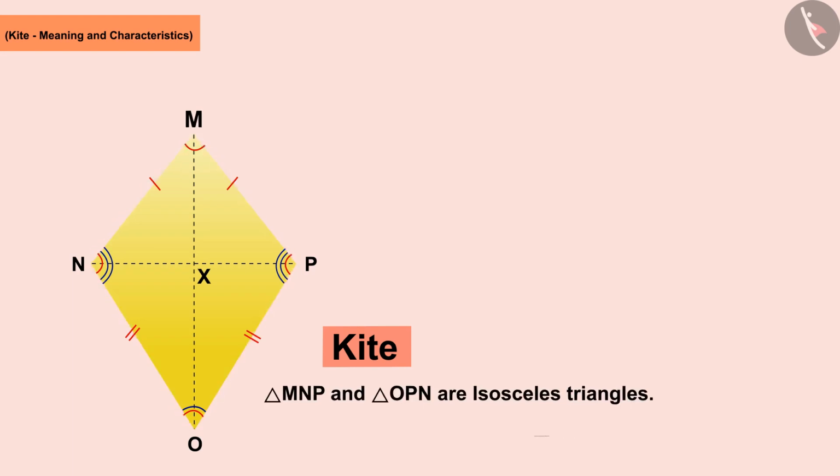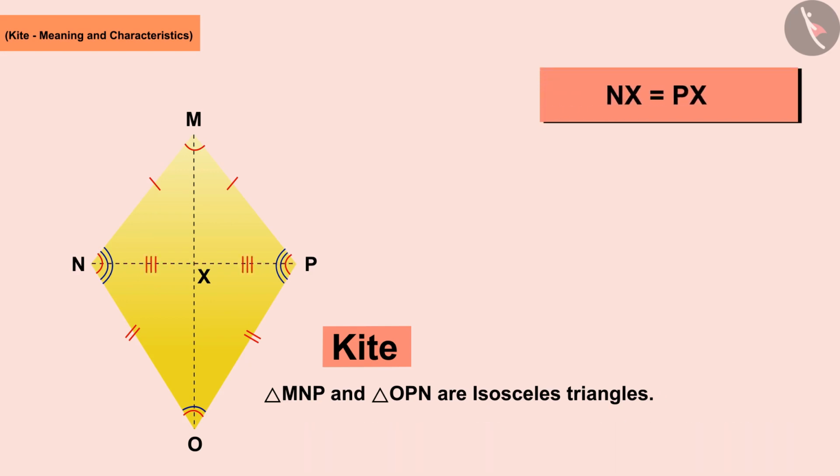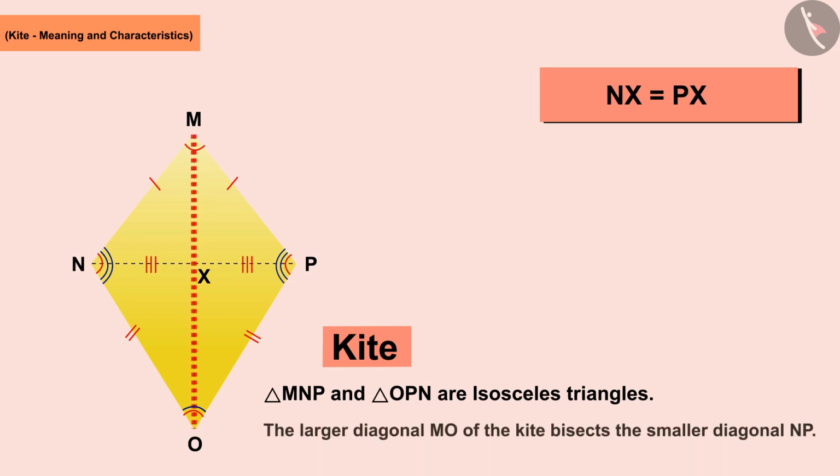And MX and OX are the median from the vertices M and O of the triangles MNP and OPN respectively, with the help of which we can say that the measurements of NX and PX are equal. This leads to the conclusion that the larger diagonal MO of the kite bisects the smaller diagonal NP.